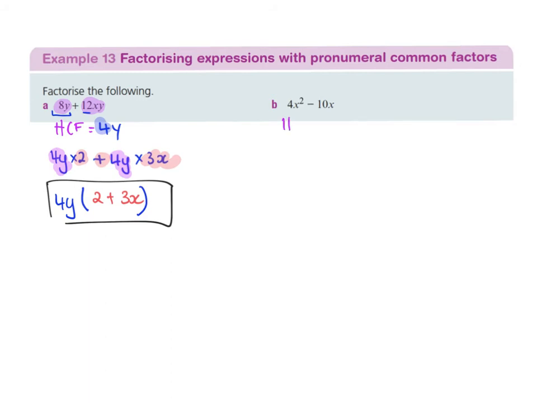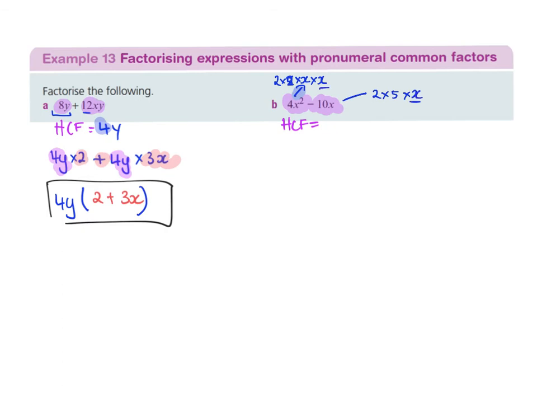All right, one last one. Here we go. So highest common factor of these guys, 4x squared and 10x. 2. Yeah, we're going to say 2. And was there a letter in there? Do they both have something? x squared. Yeah, so this one we could say is 2 times 2 times x, and this one we could say is 2 times 5 times x.